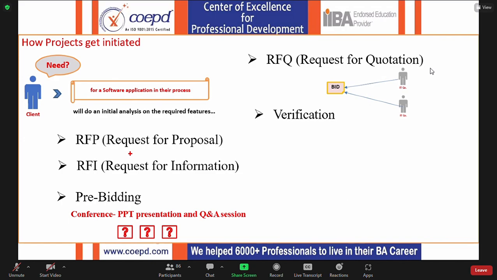they do verification. What are they going to verify? First, they'll verify the technical part. The team who is going to bid for this particular project, how strong they are, what are their strengths, who are the team members, what is the skill set, what is the average experience. They look into all the technological part of it.